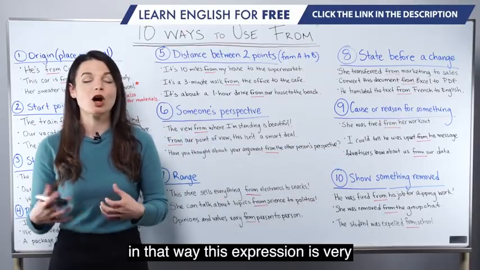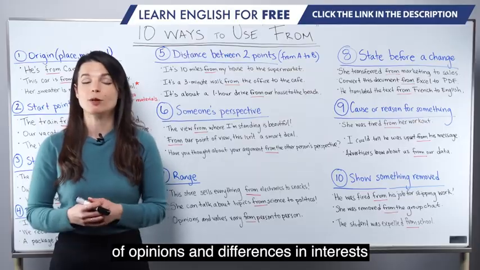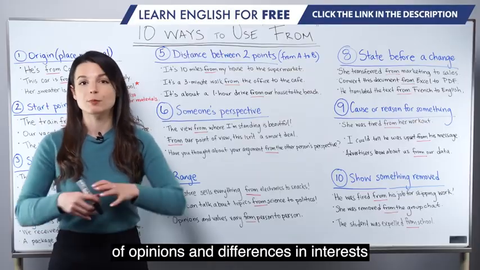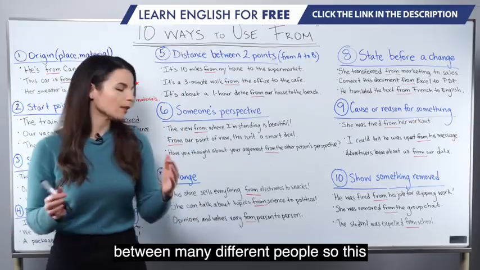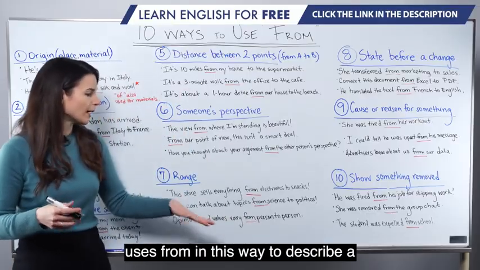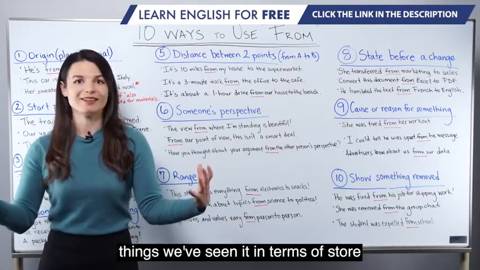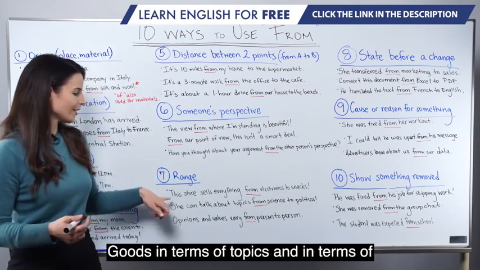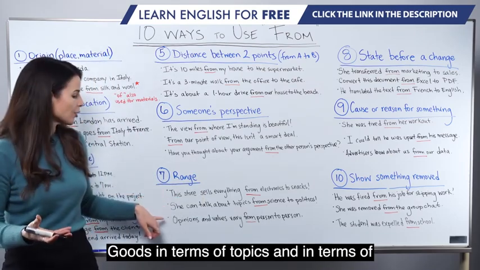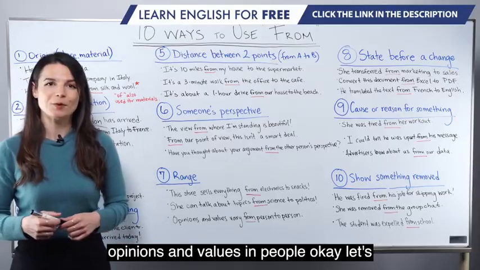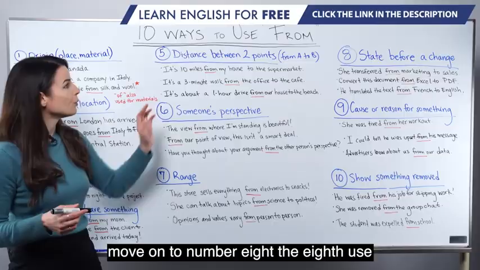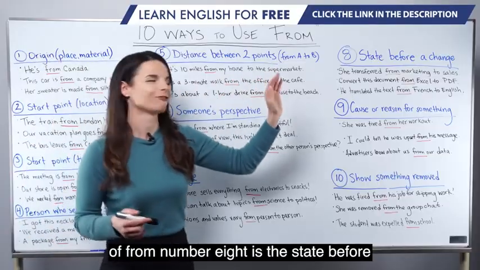This expression is very commonly used to talk about differences of opinions and interests between many different people. So this uses from in this way to describe a range. We've seen it in terms of store goods, in terms of topics, and in terms of opinions and values in people. Okay, let's move on to number 8, the 8th use of from.